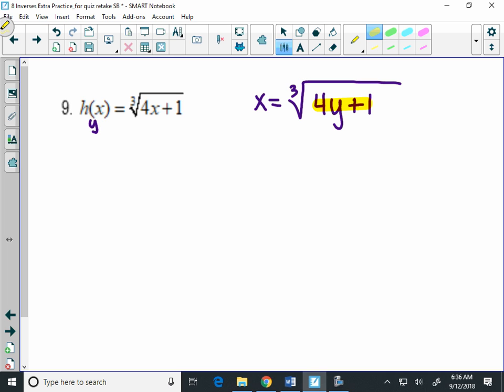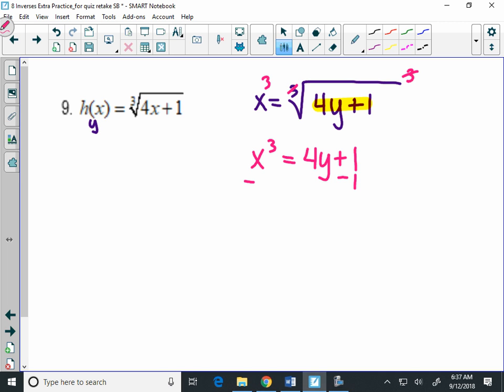The inverse of the cube root is to cube both sides. That's going to make the cube root go away. It doesn't touch anything underneath, it just makes the cube root go away. So now you have x cubed equals 4y plus 1. And from here, this should be a pretty simple process.